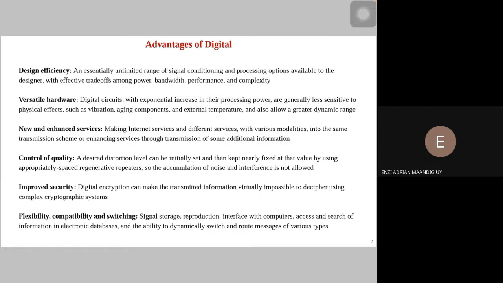Ang digital, sir, di ba maka-accept og analog na signals? Ug ang analog maka-accept ba og digital nga signals? Nga system? Yes, sir. Ang digital nga system maka-accept kig analog if na transducer ug na analog to digital converter, ADC, and vice versa.